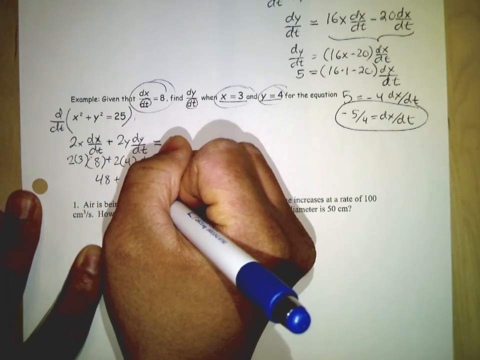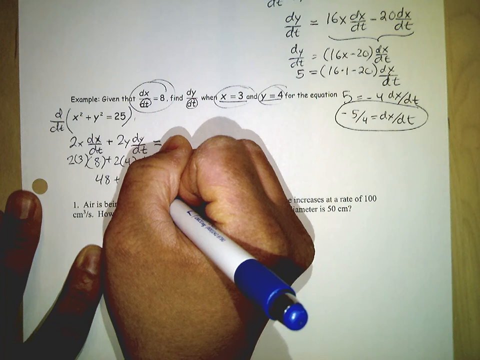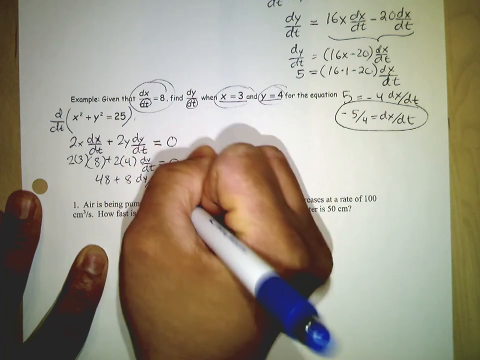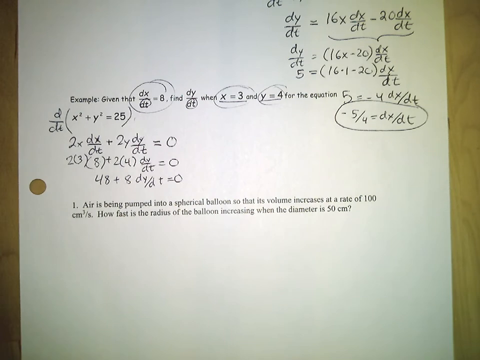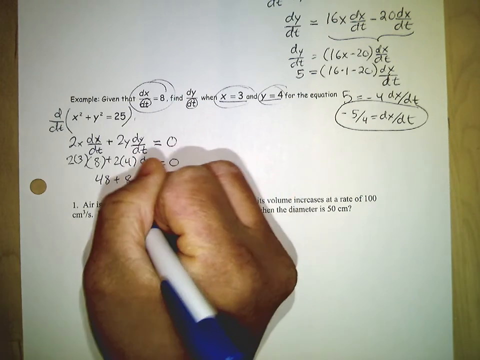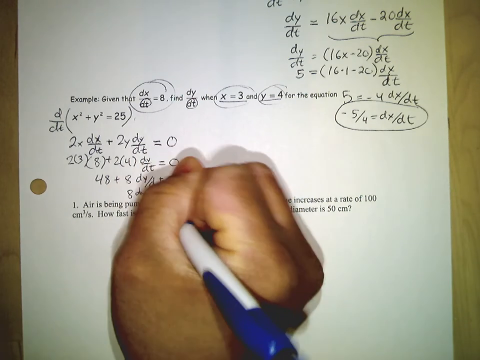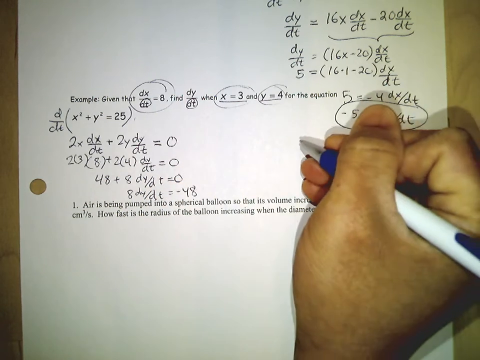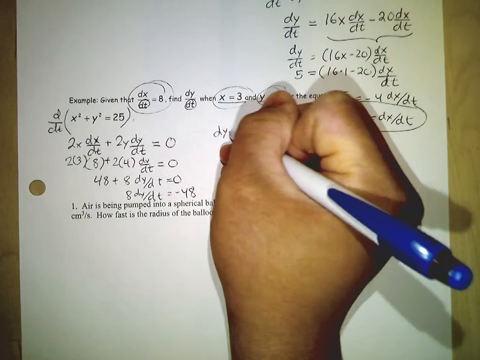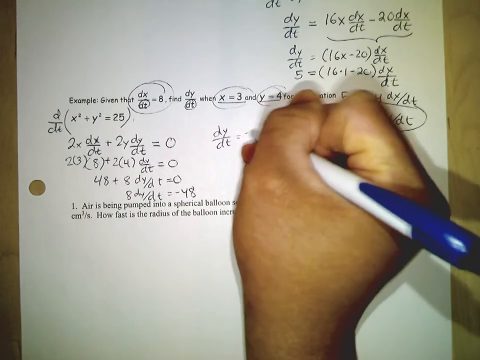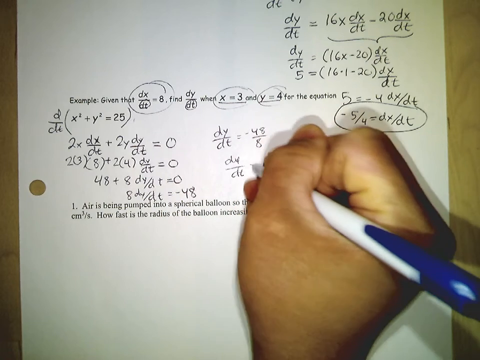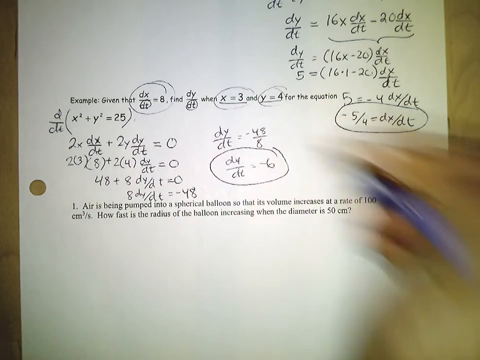So 48 plus 8 dy/dt is equal to 0. Subtract the 48 from each side, so 8 dy/dt is equal to negative 48. Then divide by 8 on each side, so dy/dt is negative 48 over 8, which is negative 6.